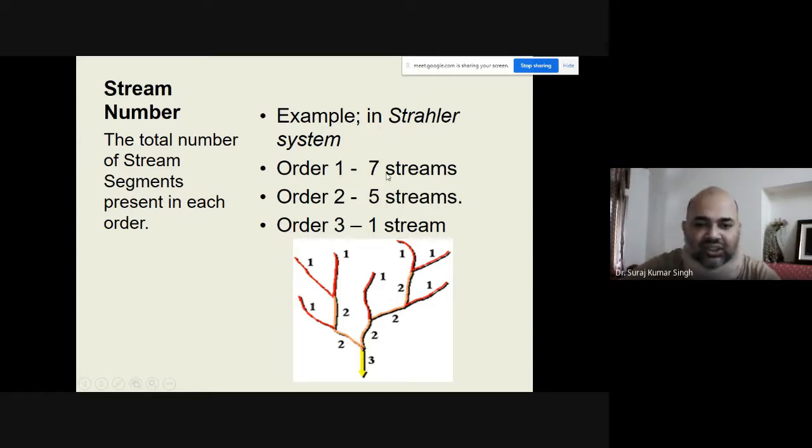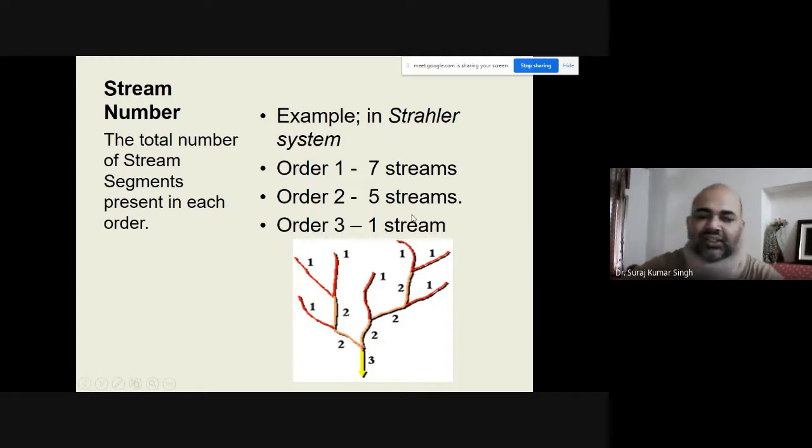So what it says, whenever I check anybody, I can evaluate whether he has perfectly calculated or there is some misclassification. How will I judge it? The lower orders will have the highest number of streams, and as the order increases, the number of streams reduces.